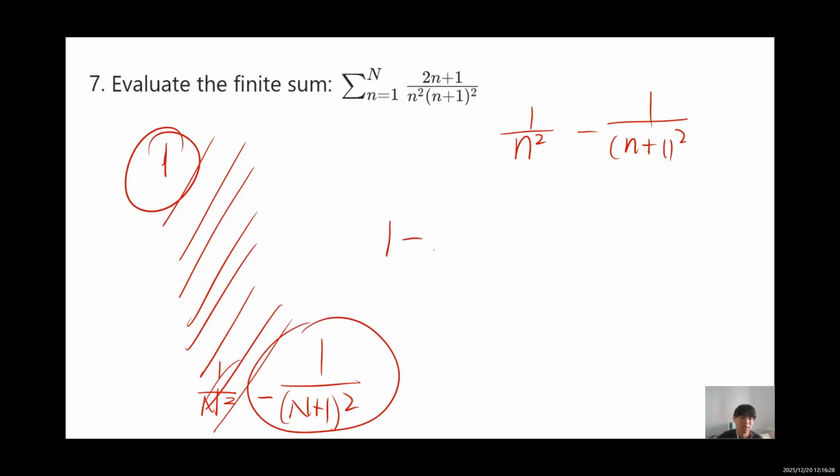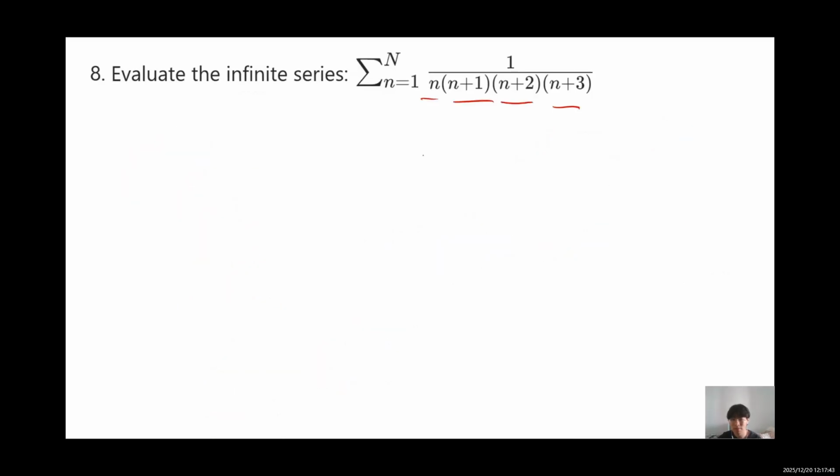So 1 minus 1 over n plus 1 squared is the final answer. Okay, let's move on to the last question. Okay, this question, wow, it has 4 terms.